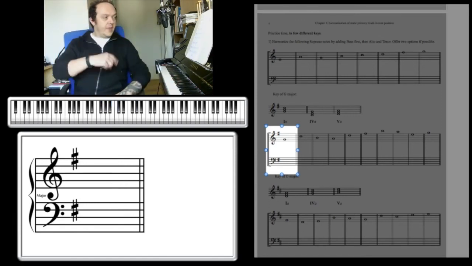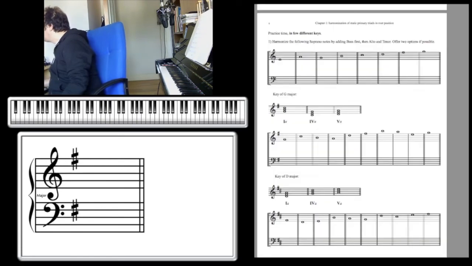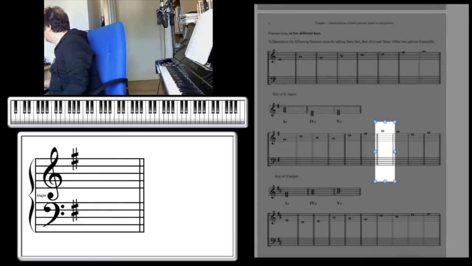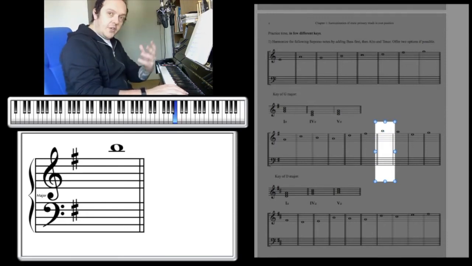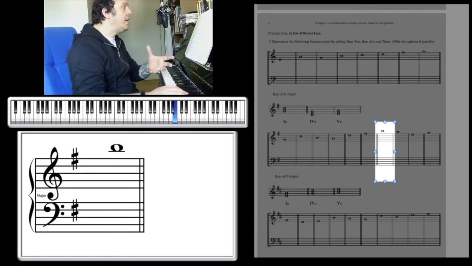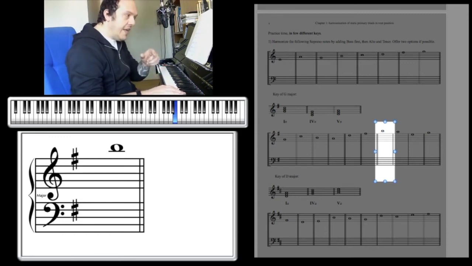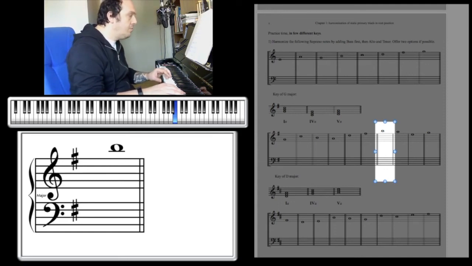There you go. So let's take another one, still in the key of G. Let's take that B up there. You ask yourself the question, what does that B note belong to? Which chords does that belong to in the key of G? Well, in the key of G, that note can only be the third of chord 1. So I have chord 1, G major.